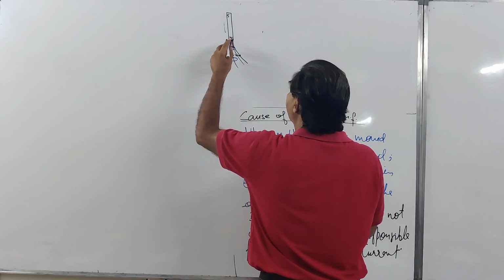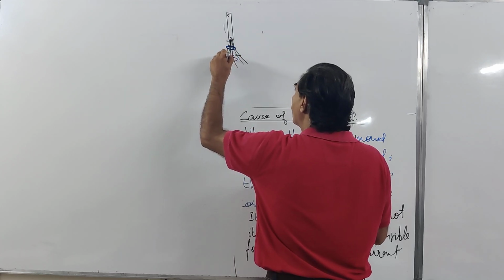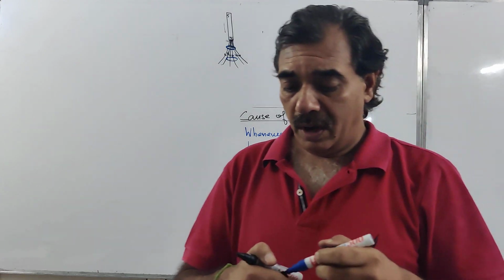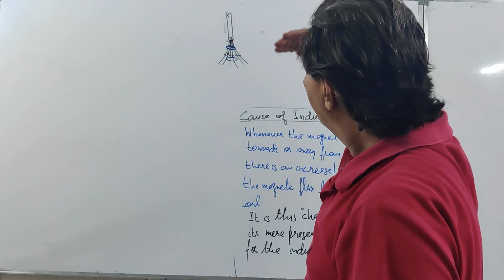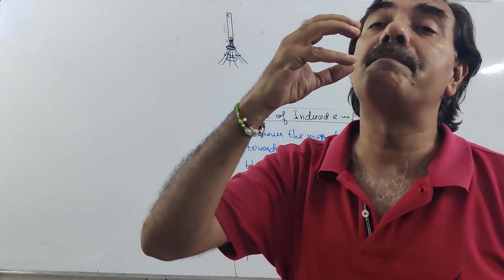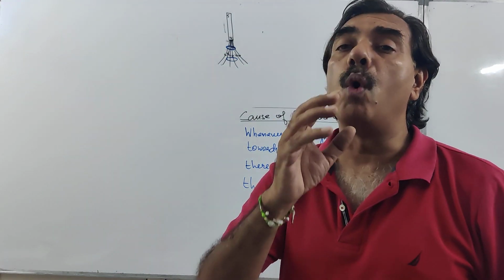Thus the magnetic flux linked with this area here is definitely more than the magnetic flux linked with the area here. If the magnet is close to the coil, the number of magnetic field lines which would be intersecting a surface are going to be more.